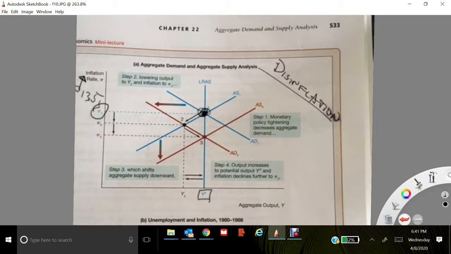So here we are, monetary policy. We're starting here. Step one, tightening monetary policy, okay? Here's our initial equilibrium in the federal funds market. Tightening monetary policy is going to result in a shift to the left, a reduction in the monetary base.